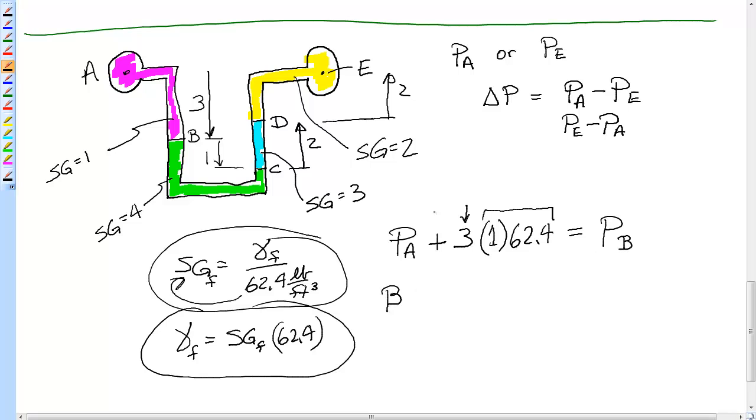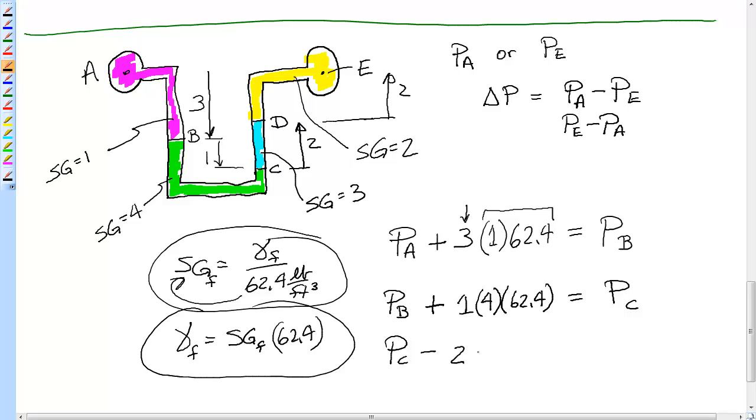You start at B, pressure at B. You go down 1 foot through the green stuff, which is 4 times heavier than water, and you end up at C. You start at C. Now you're going up.